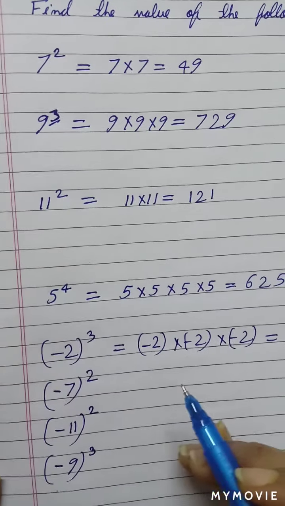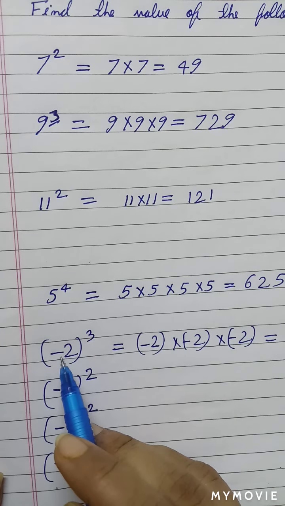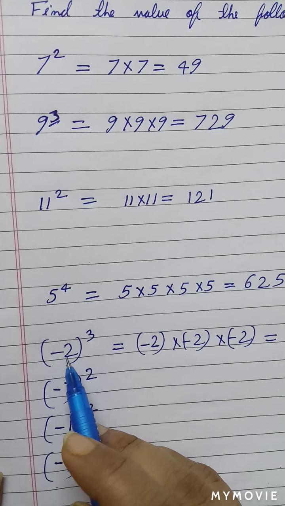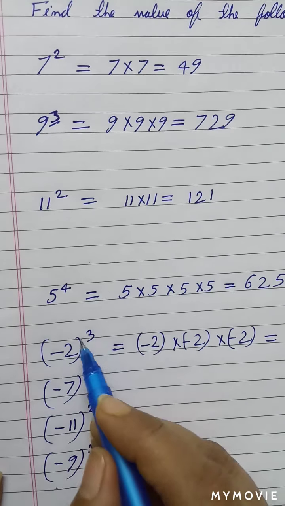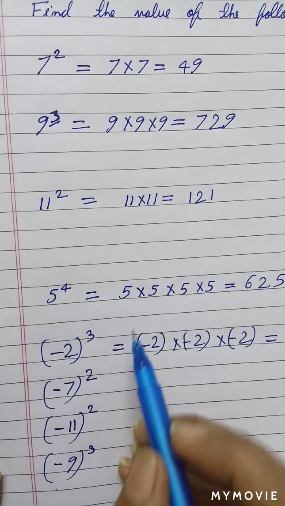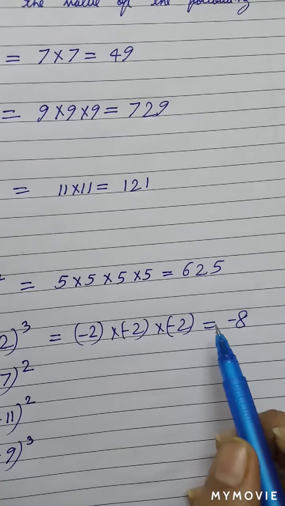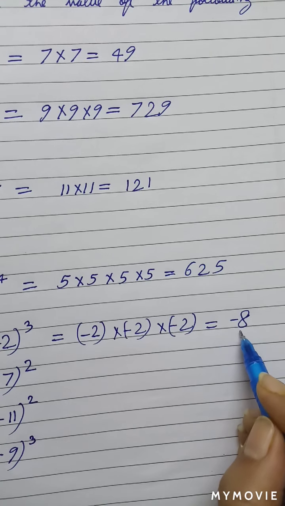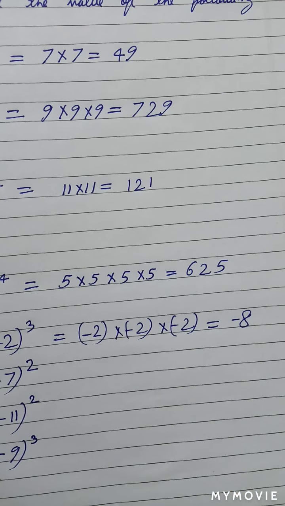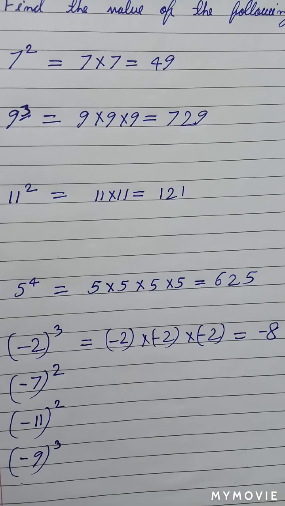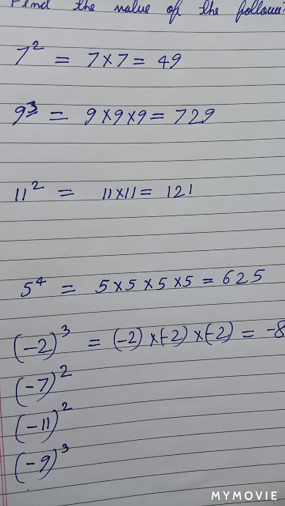Also, I told you one thing more, that whenever there is a negative base and the exponent is an odd number, in that case, the sign of the product is going to be negative. And we will solve the question accordingly. We will solve it the way we do it.